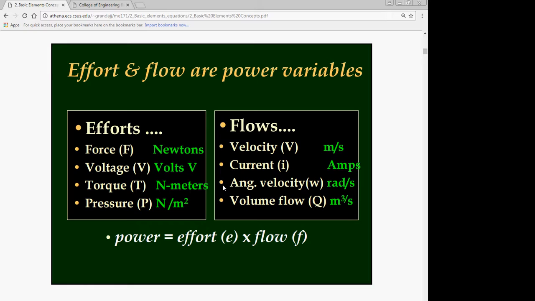If you look on the right hand side, the velocity, the current, the angular velocity, and the volume flow rate are the flow variables, depending on which system we're talking about, with different units. The only thing is they are the same kind of variables, but they have different units.